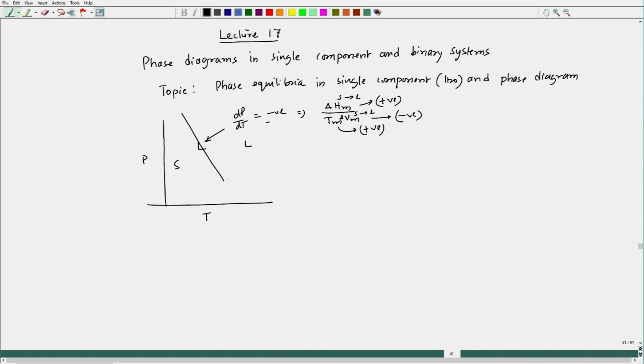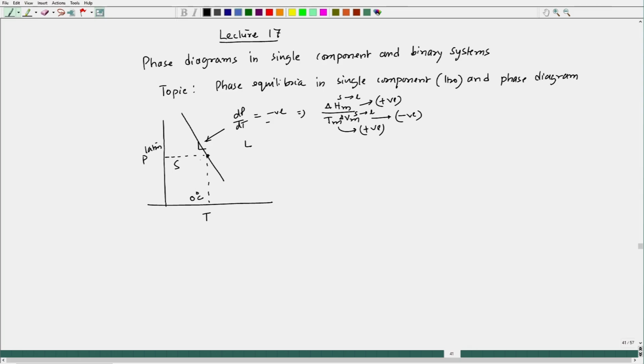We do not know where it ends. We have just drawn this arbitrarily over P and T with a negative slope dP/dT, and we know one point, which is 1 atmosphere and 0 degree Celsius.